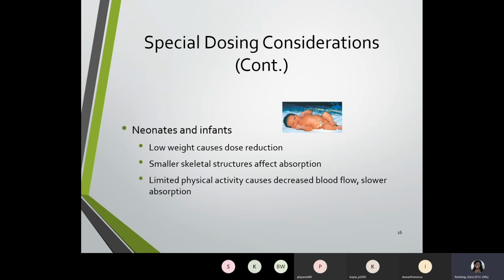So if you're thinking what's the difference between a baby and an infant, neonates are usually considered anywhere from 0 to 1 month, and then anything from that would be infant, and then it goes further on into toddler and then other pediatric.